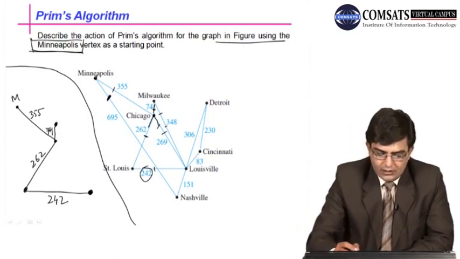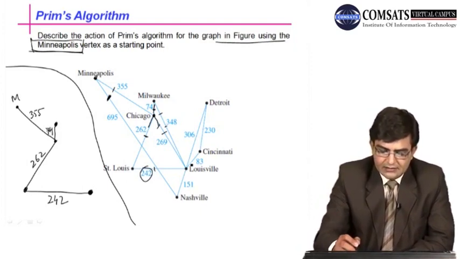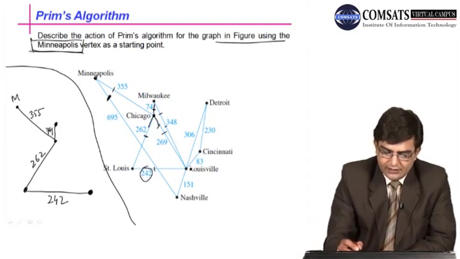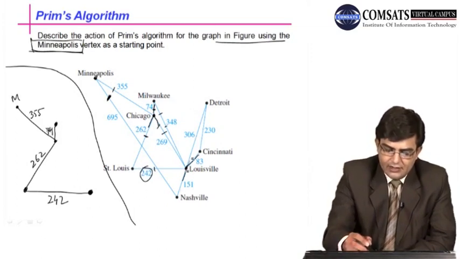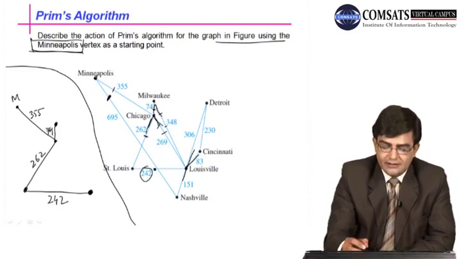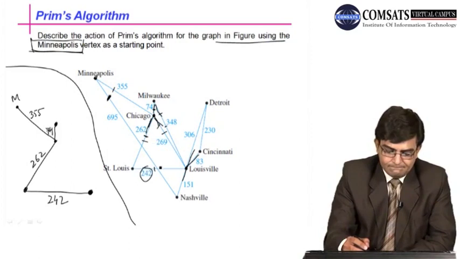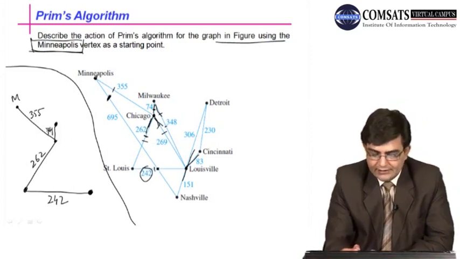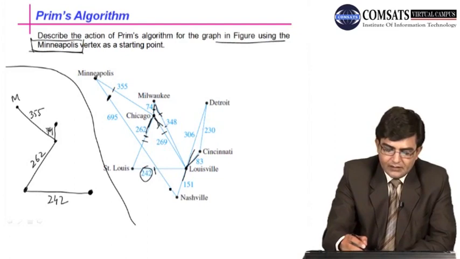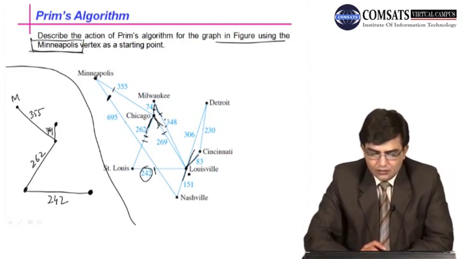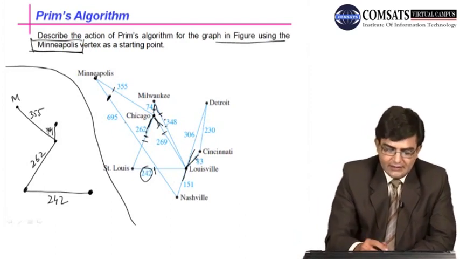We have 151, 83, 306, because with this we have connected this one, this one, this one, and with this we have connected this one, this one, this one, and this has already been selected. This is already selected also. We have this one, this one, this one, this one, this one, this one. So the minimum weight among all these edges is 83.